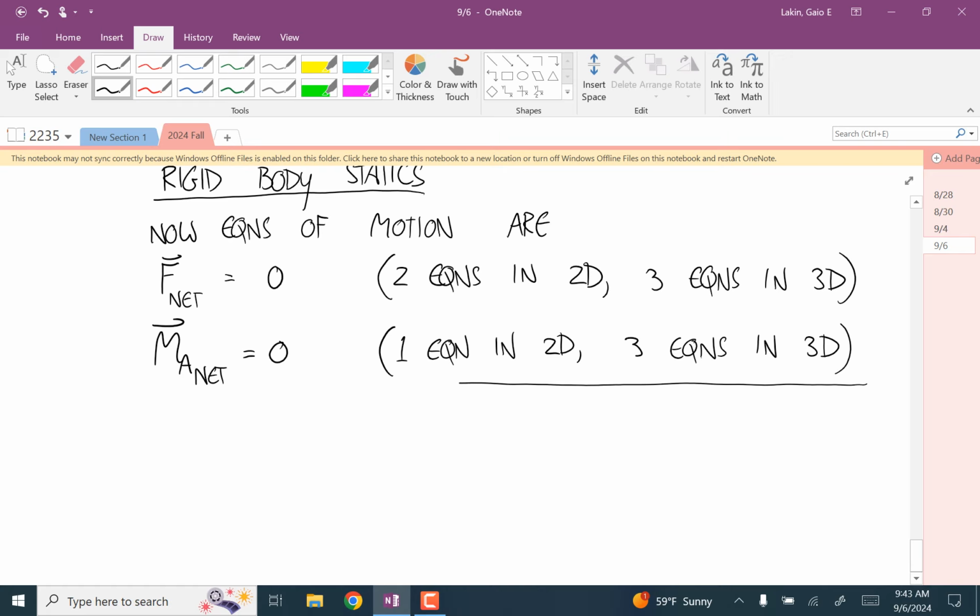Okay, so now we're going to have to deal with 3 total equations in 2D and 6 total equations in 3D. Is that a double subscript? It is, yeah.